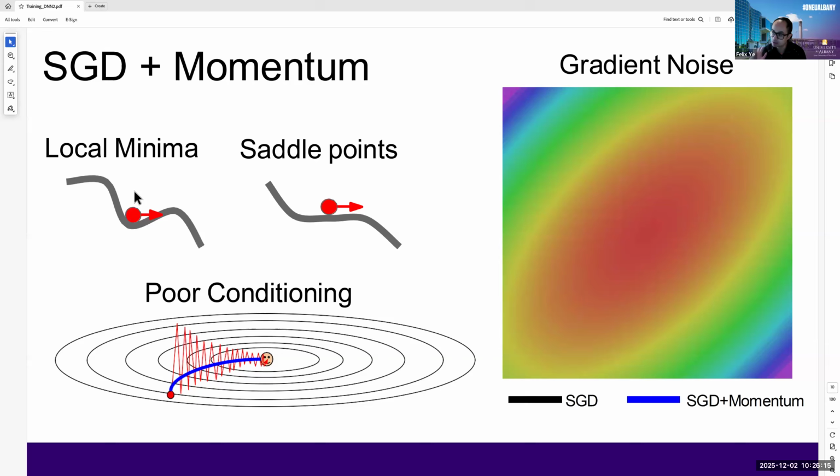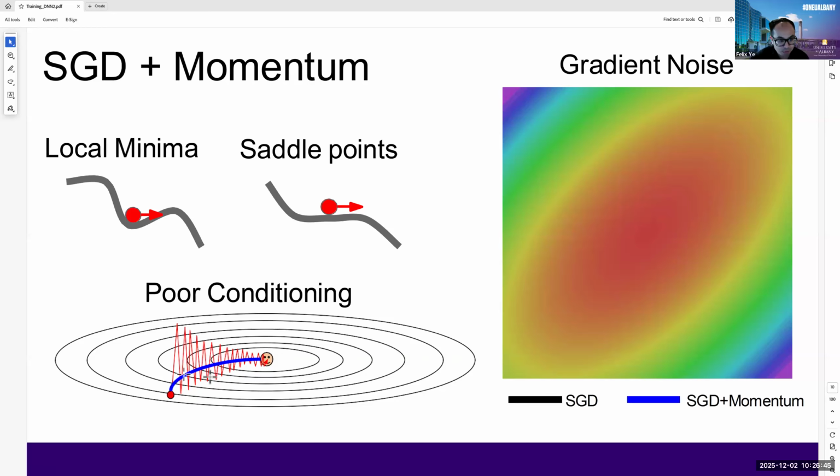This momentum is very important, because if you have some region with a little hill and gap, this momentum can take you out of this local minimum and get you into other places. And also the saddle point here, right? If you have momentum, it can push you away from the saddle point. Okay, so this is very important.